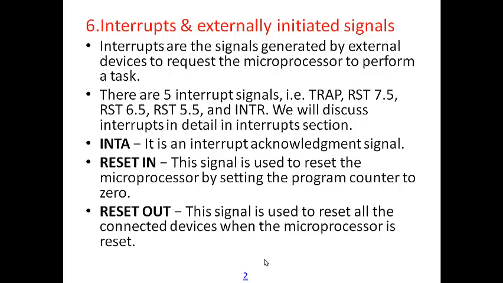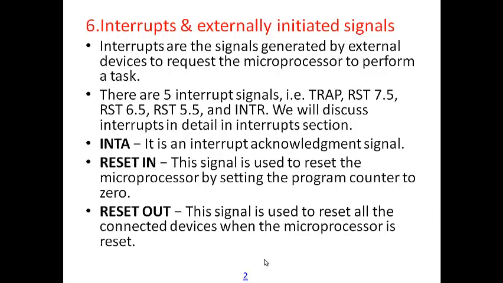So if it is executing 4000, the program counter will say 4001. After executing program line number 4000, you have to go for 4001. That is the work of the program counter. When reset in is done, the microprocessor will be reset and will go to the starting address 0000, four zeros.